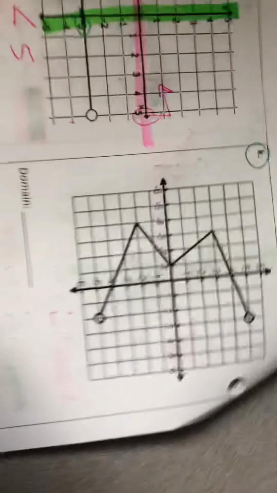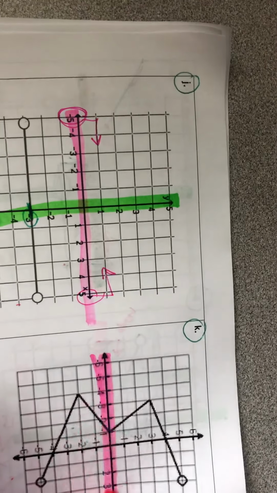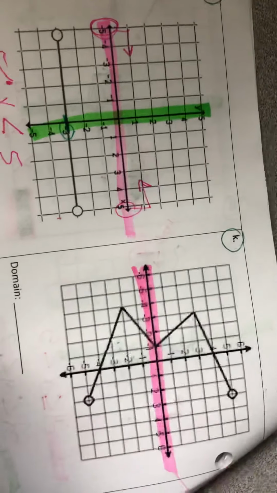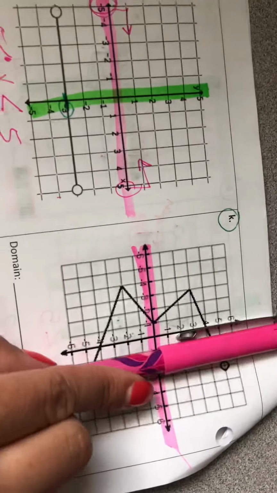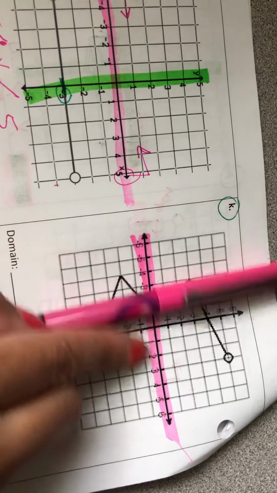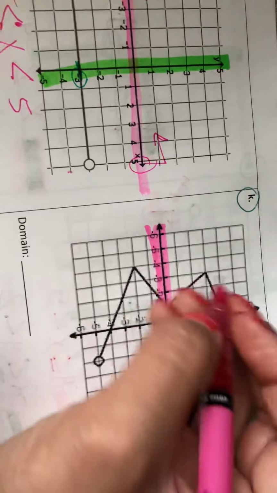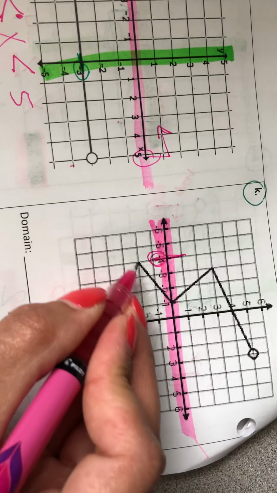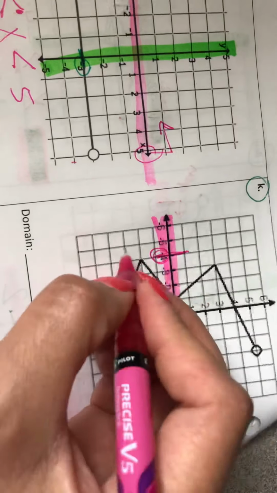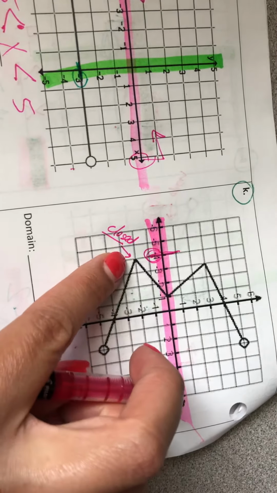On K, it's a special case because you see here on the domain, okay, the endpoints are both here. However, this drawing starts right there. So the leftmost place where this drawing is would be right here at -4. So it really starts at -4. Any line that is a solid line is the same thing as a closed circle. So it would include -4.